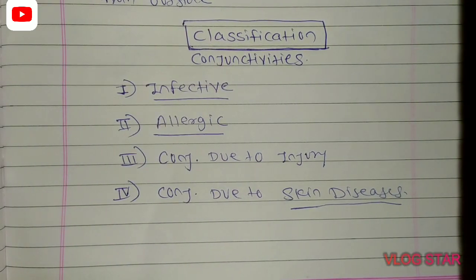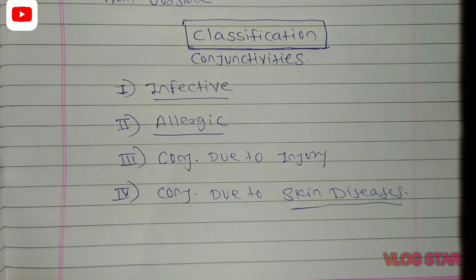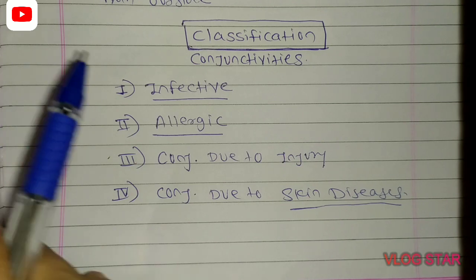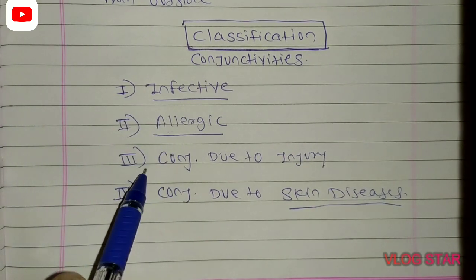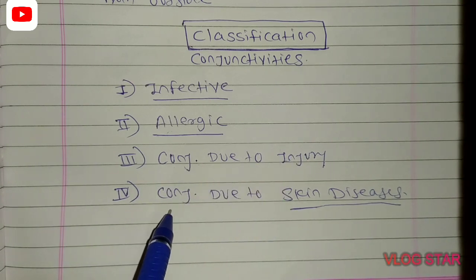So this is the overview, or the primary classification of conjunctivitis. Primarily conjunctivitis is classified into four main categories. First is infective conjunctivitis, second is allergic conjunctivitis, third is conjunctivitis due to injury, and last is conjunctivitis due to skin diseases.